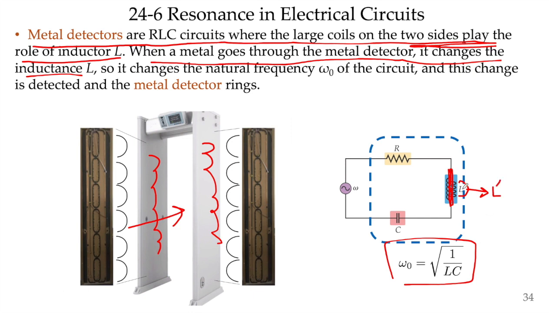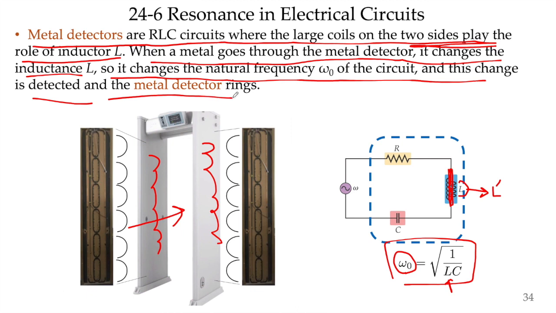If you change L, then the frequency changes, right? So it changes the natural frequency of the circuit. And this change is detected by the circuit in the metal detector. And the metal detector, of course, rings.